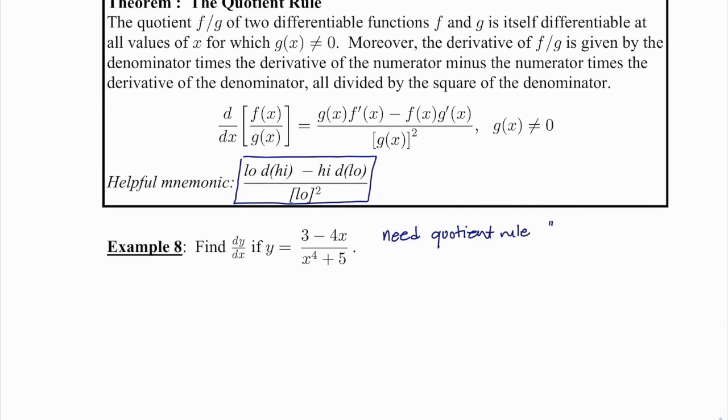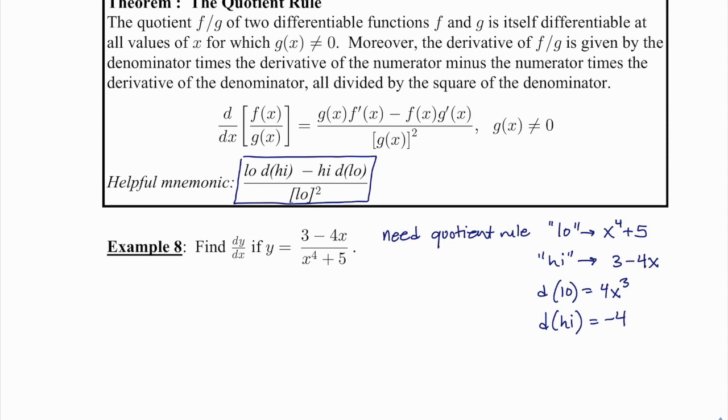So in the way I've written this here, low would be x to the 4th plus 5, and high would be 3 minus 4x. So when I write d low, that's 4x cubed, and when I write d high, that would be negative 4, right from the derivative of the numerator or the derivative of the denominator.